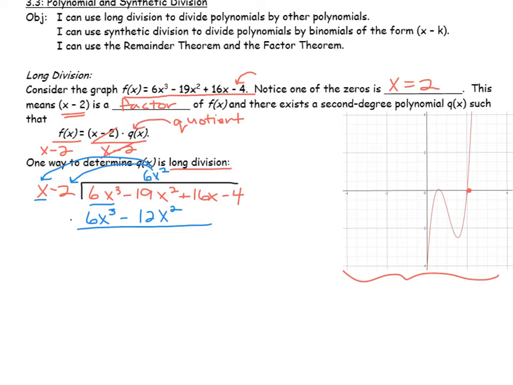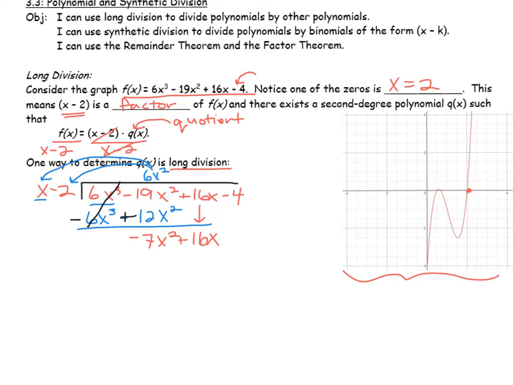And when we subtract, we need to change both the signs. So the 6x^3 becomes negative, but the negative 12x^2 would become positive. That allows you to cancel out your first term and then see what you have left over. Negative 19x^2 plus 12x^2 would be negative 7x^2. And then you drop down your second term and do the process all over again.